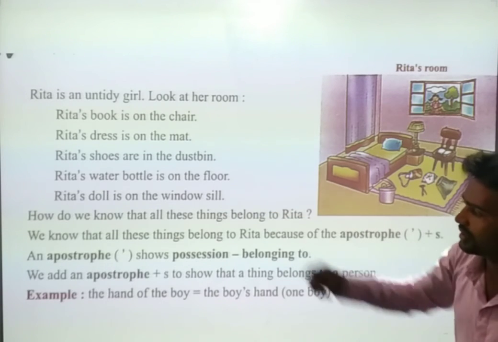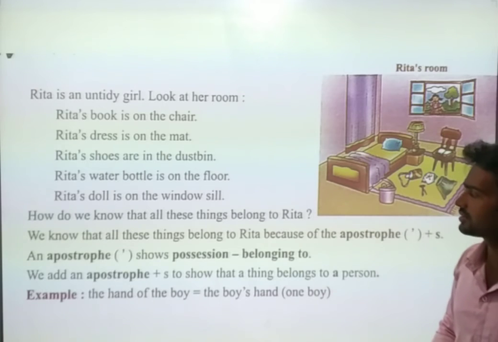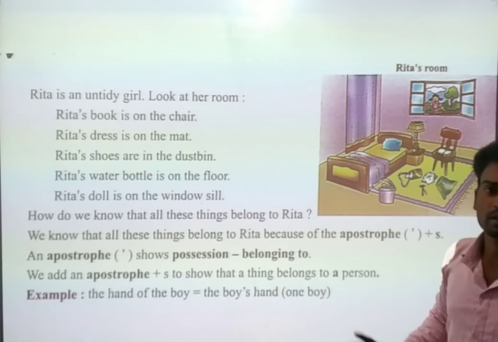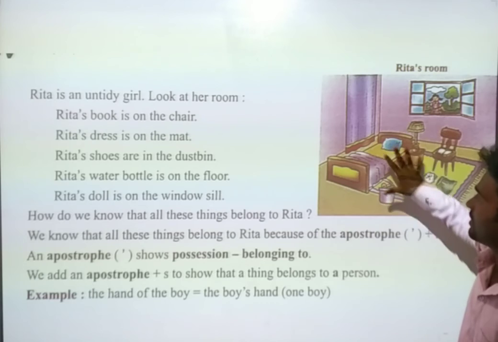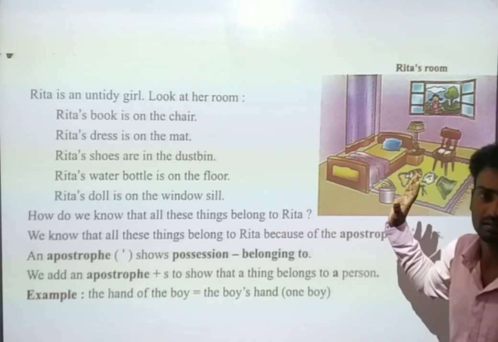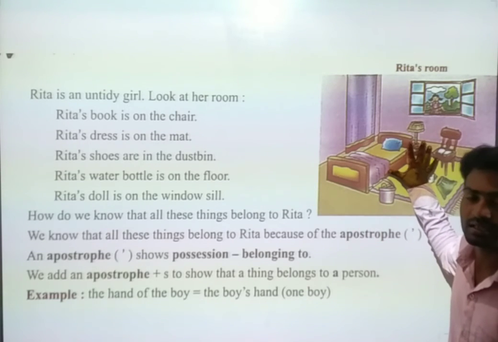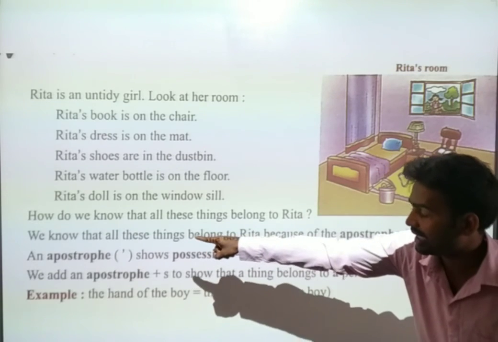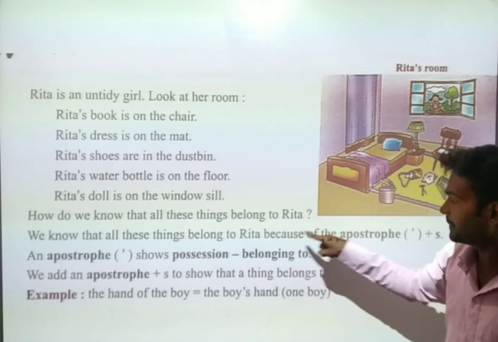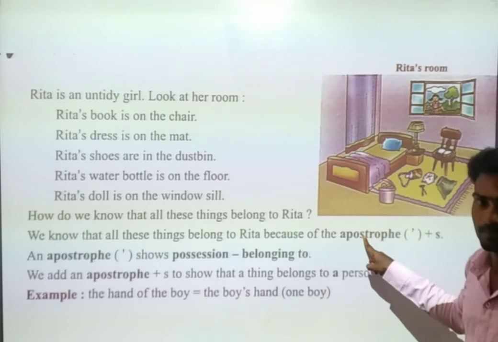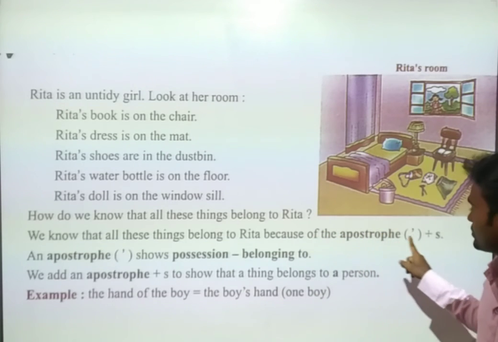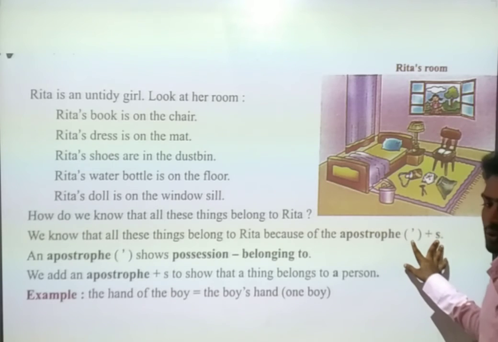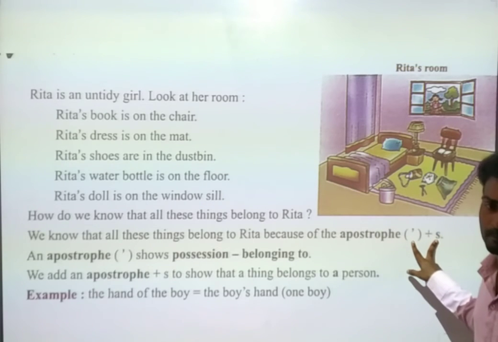So how do we know that all these things belong to Rita? All these are Rita's materials, Rita's things. We know that all things belong to Rita because of the apostrophe. As we have learned, apostrophe plus s shows the ownership. These two show the ownership.